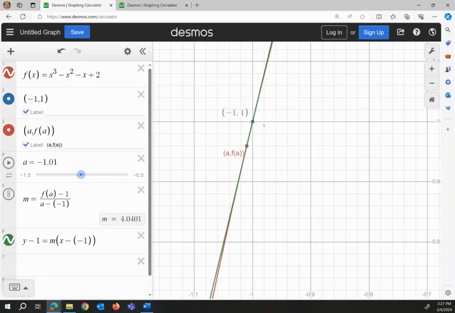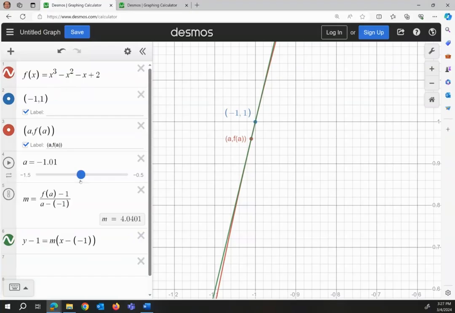Now notice what happens when we make these two spots exactly equal. Our green graph disappears because our slope becomes undefined. You can't have the two spots exactly the same and make a slope. The formula just doesn't work. But this thing of limits lets us kind of guess what would happen.